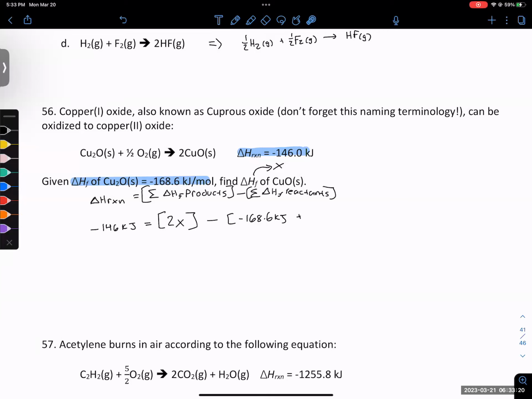So there's 0 heat of formation for things that are in their natural state. So plus 0. And if you put that into your calculator, you should get that X is equal to negative 157 kilojoules. And this is equal to the delta H of formation of copper 2 oxide.